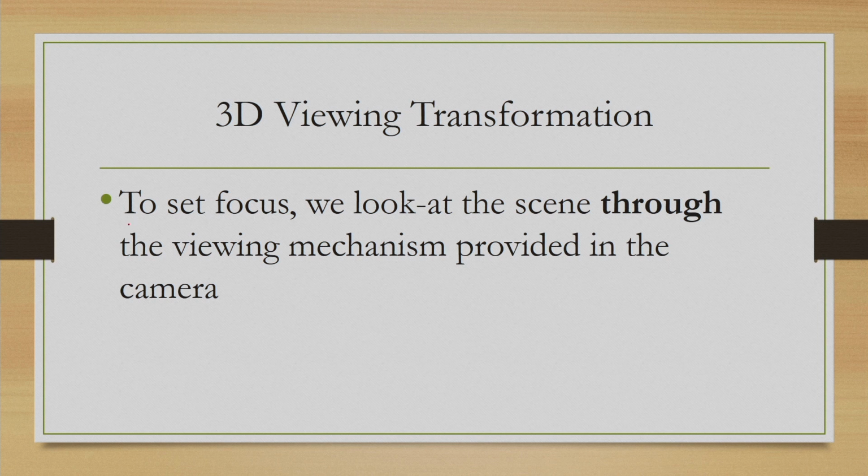Now, in order to set the focus, what do we do? We essentially look at the scene through a viewing mechanism that is provided in the camera. Typically, while we try to set focus, we do not look at the scene with our bare eyes, we look at the scene through the viewing mechanism provided in the camera itself, and accordingly we set our focus.